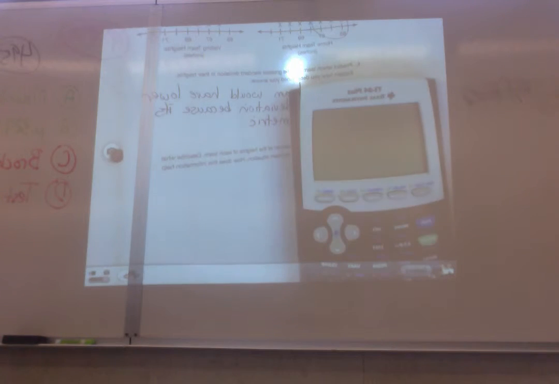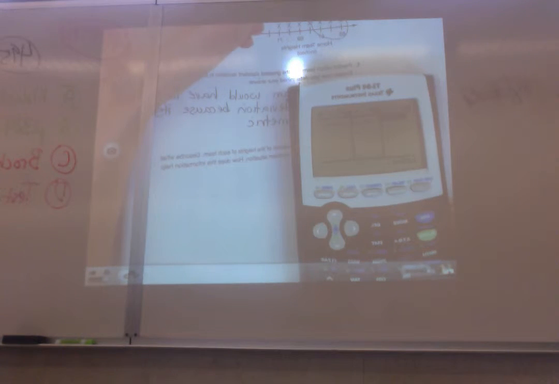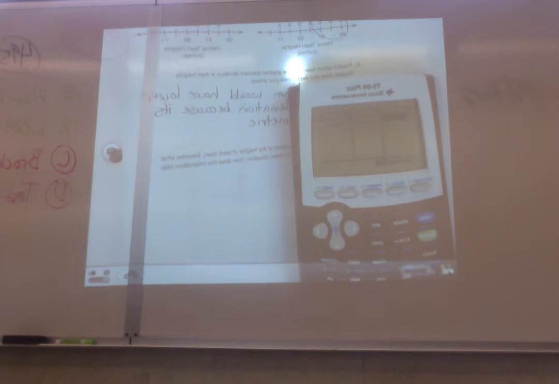How are we going to read this to put it in? First go stat, edit, scroll up so list 1 is highlighted, push clear, and enter. So now if I'm going to do the home team, the first X is at 65, so I go 65, enter.